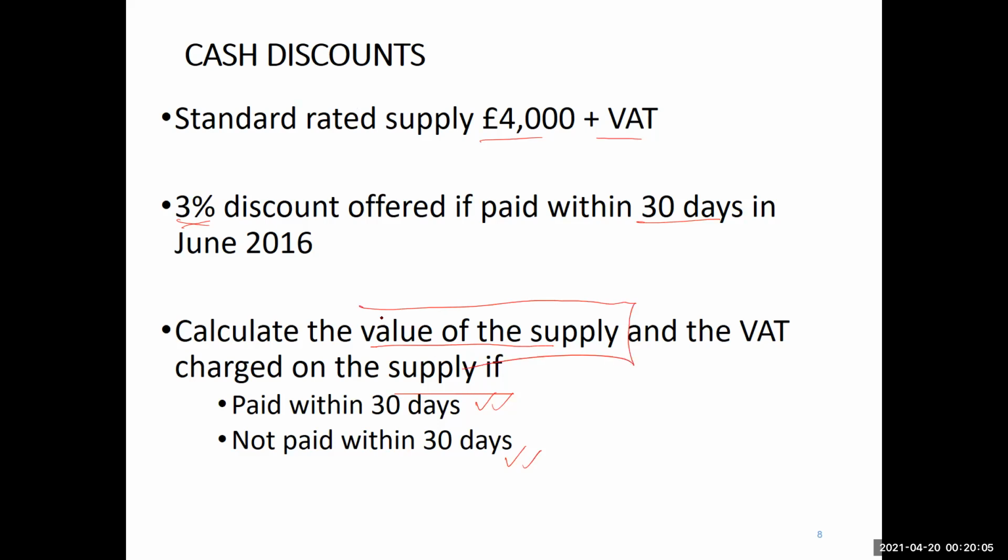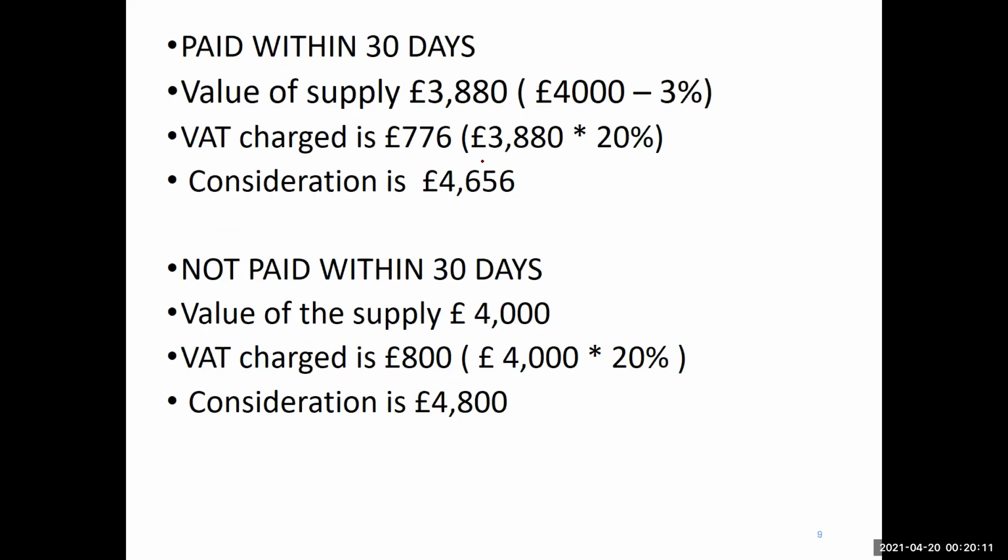Same scenario as in the earlier slides. First, I take advantage of the 3% discount within 30 days. So 3% out of 4,000, the net figure gives me this. It is on this portion that I apply my 20% to give me this. These are consideration.